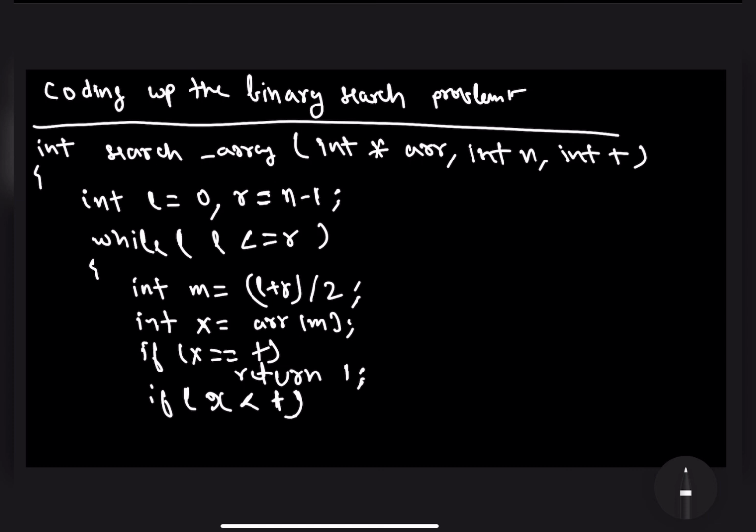So I need to increment the left pointer to m plus 1. This happens in case the target value is greater than the value of the mid element. Otherwise, if x is greater than t, what I need to do is R equals m minus 1.